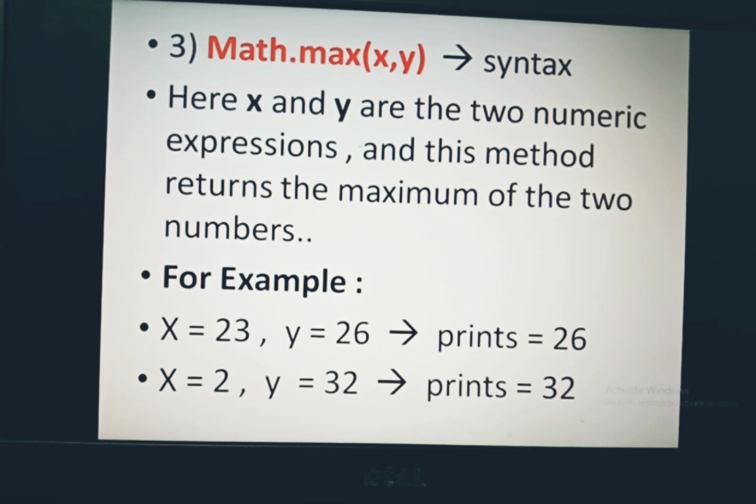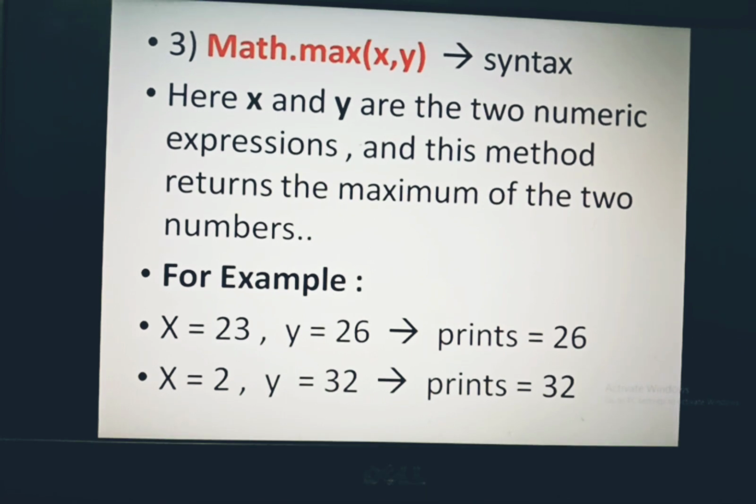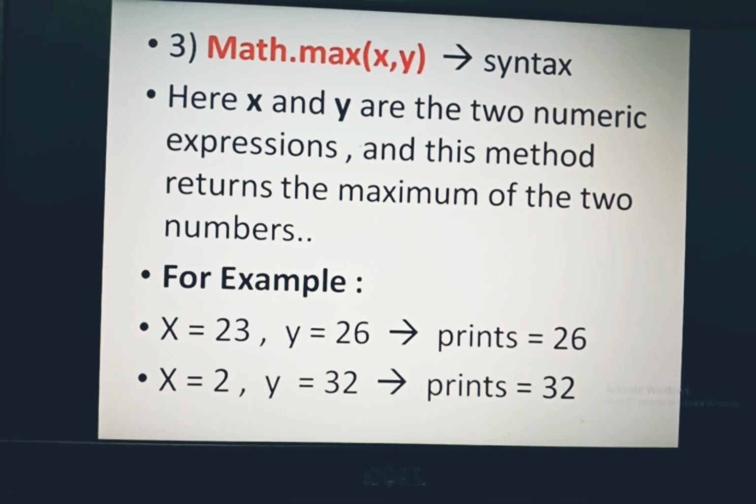The maximum value is 26, so it will print 26. Second example, the value of x is 2 and the value of y is 32. So it will print 32, the maximum of the two numbers. You have to type System.out.println and then Math.max, and in place of x and y you can enter any numeric expression for which you want to know the maximum of the two numbers.